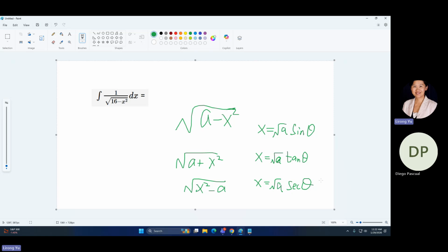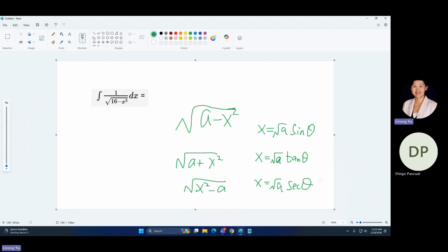When we have the square of a variable minus a number, we do secant substitution. But this is the typical example when the x is by itself. If you get 4 minus 4x squared, or any other number before the square, it's a little more complex, so we have to look at them case by case. This just indicates what kind of trick we're supposed to do.